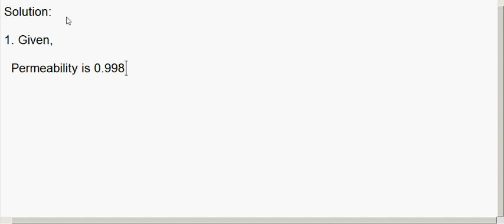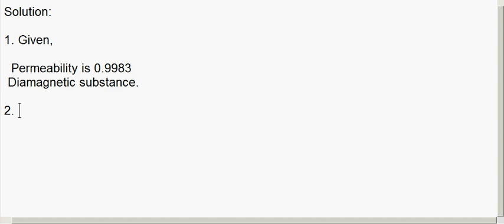Solution: given permeability as 0.9983, so it's a diamagnetic substance, because of the very low value of permeability, less than 1.